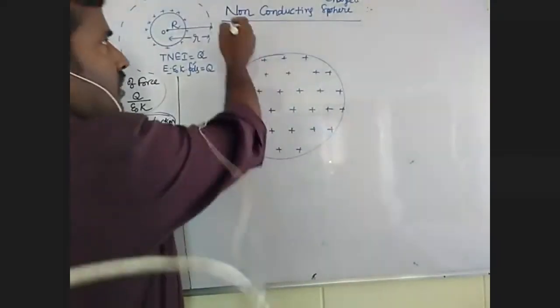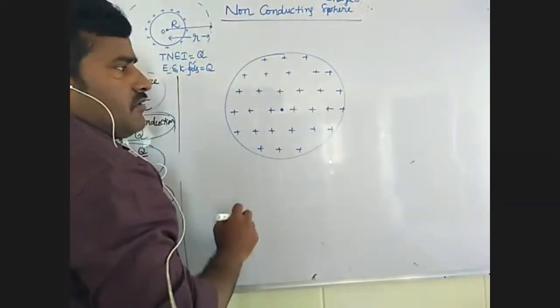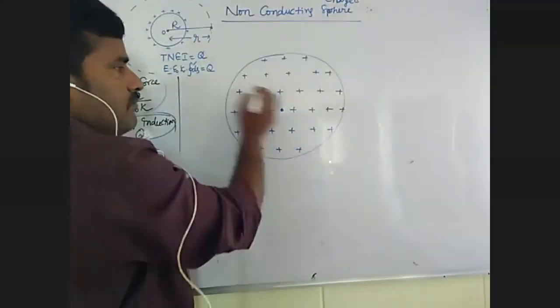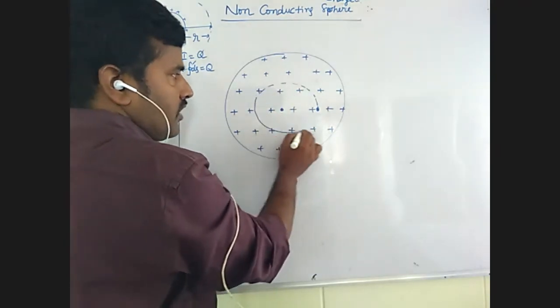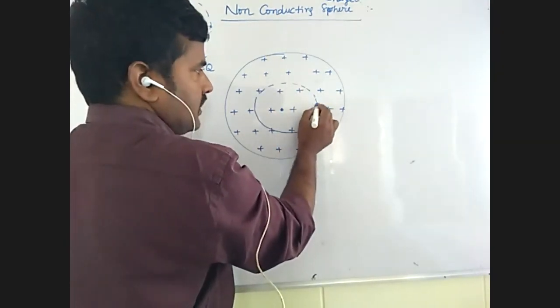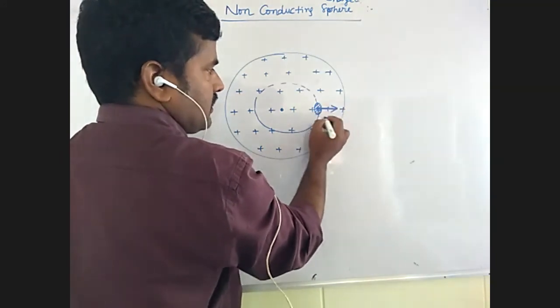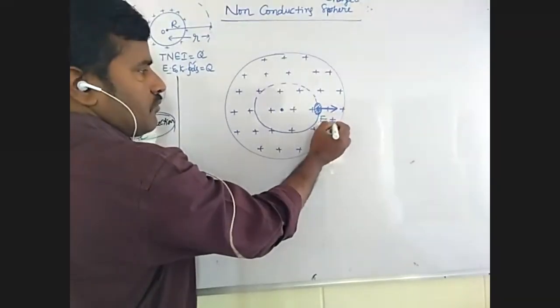But here non-conducting means charge inside also. Outside, the same rule applies, but here we want the intensity inside. What is the intensity here? At this place we calculate intensity, and it is not 0.